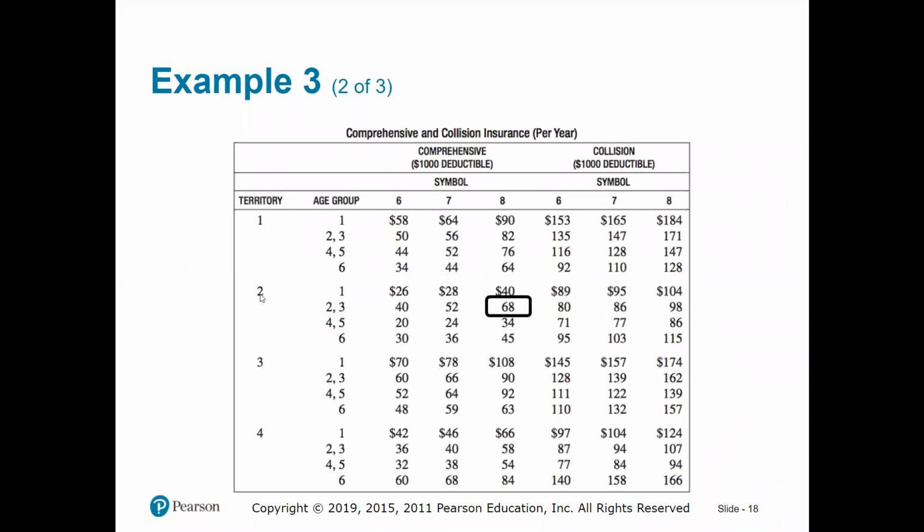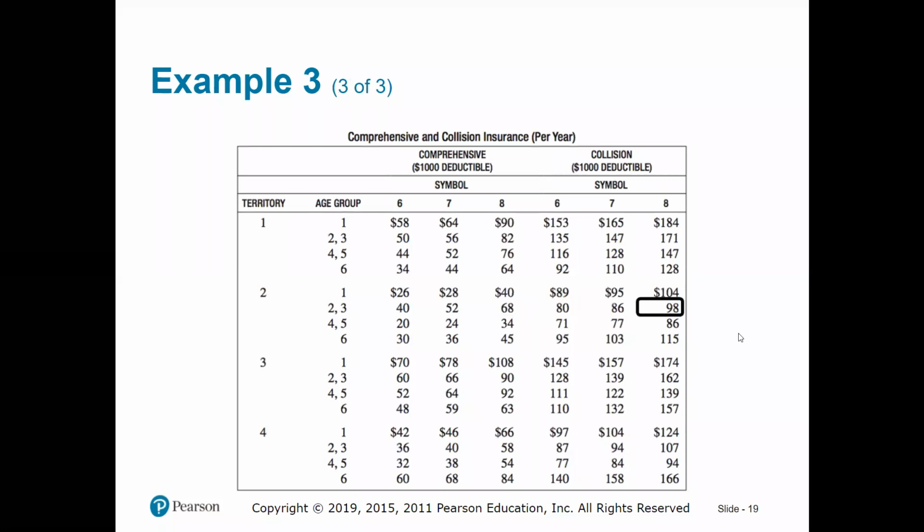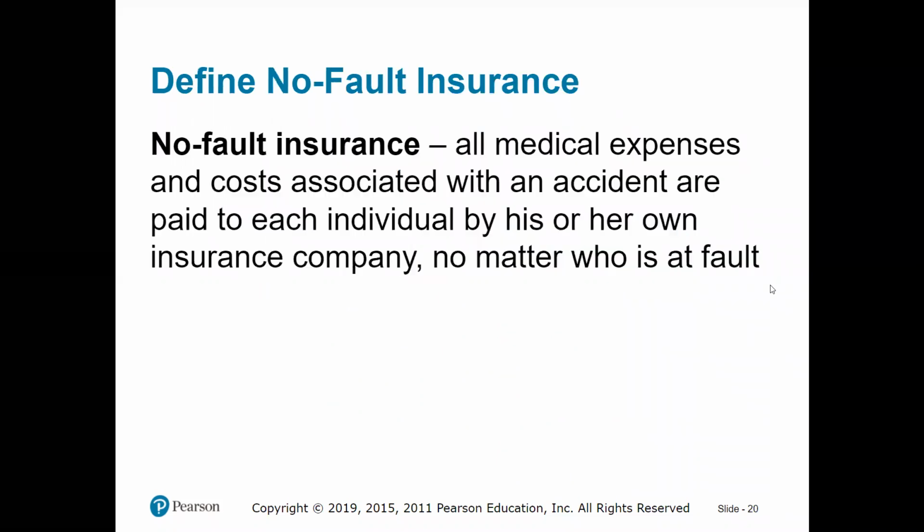So, Territory 2, age group was 2 years old. The minivan was 2 years old. Symbol is 8. So you go Territory 2, age of the car, symbol 8: $68. Same thing, Territory 2, age of the car, symbol 8: $98. All right. We all good on that? I think that's pretty easy.